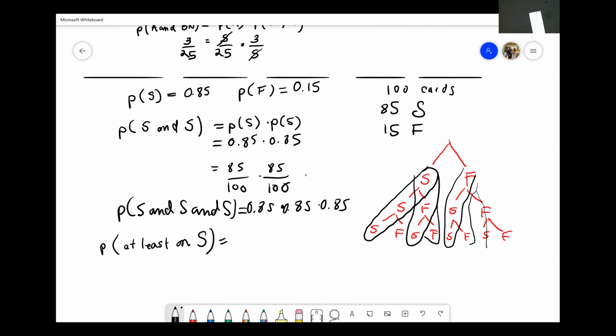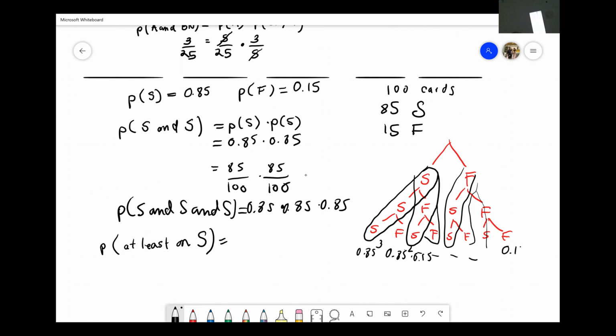So for at least one success, you would have to do success, success, success. That's 0.85 to the third. Then you have to do success, success, failure. That's 0.85 to the second times 0.15, right? Then you have to do the next one. You have to do 7 other ones. But something you have to remember: this is 0.85 to the third, this is 0.85 to the second times 0.15, and you have to do all these.